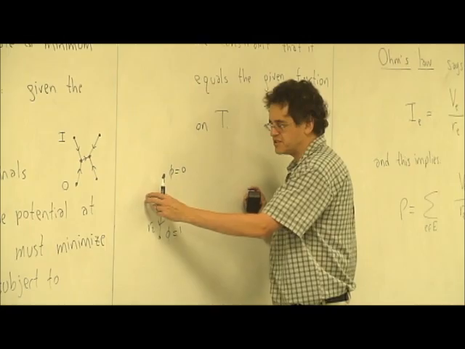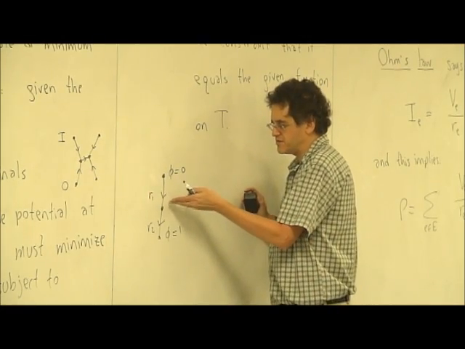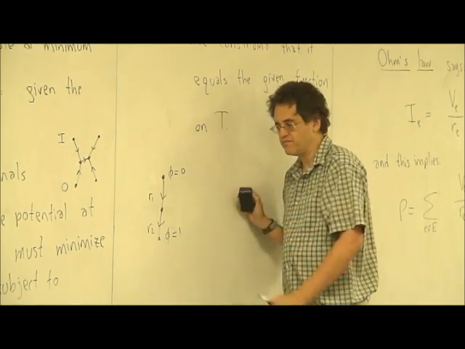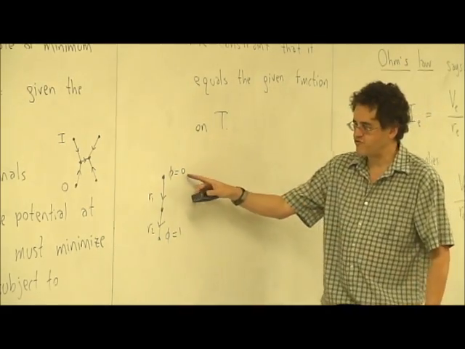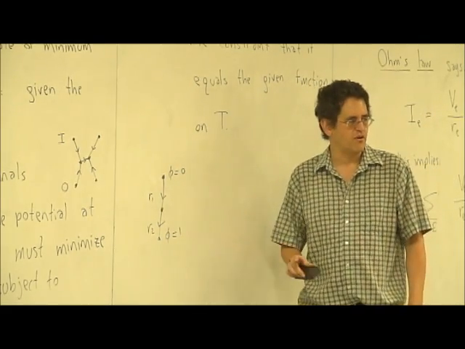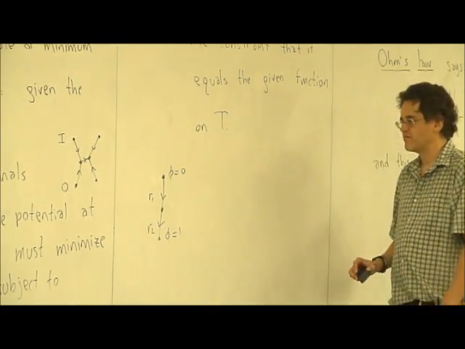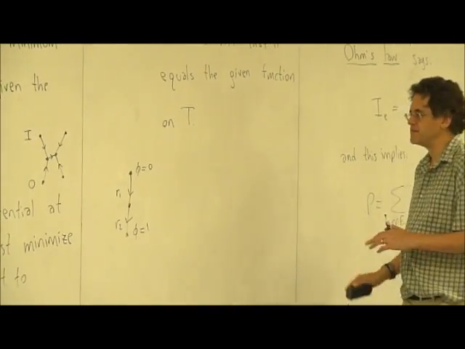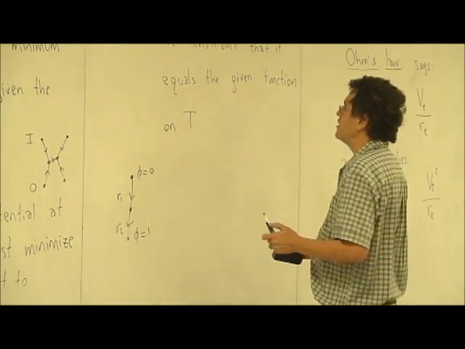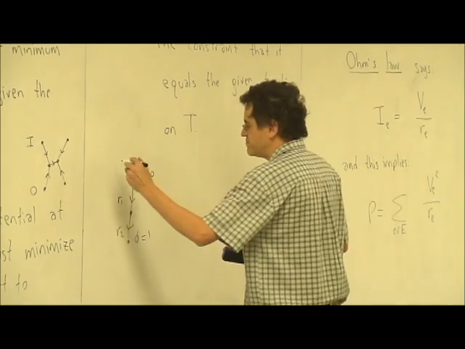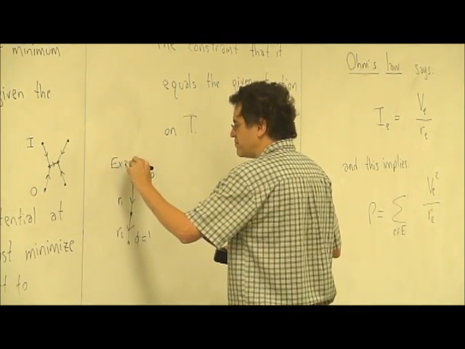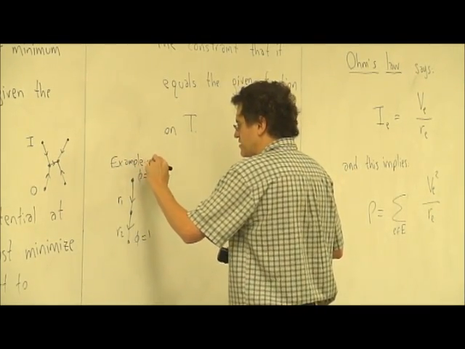But if this resistance gets to be lower, then this potential here will get closer to 0. So it's some kind of funky average of 0 and 1, a weighted average of some sort or other. Okay, so that's an example. It's good to do to make sure you actually understand what's going on.